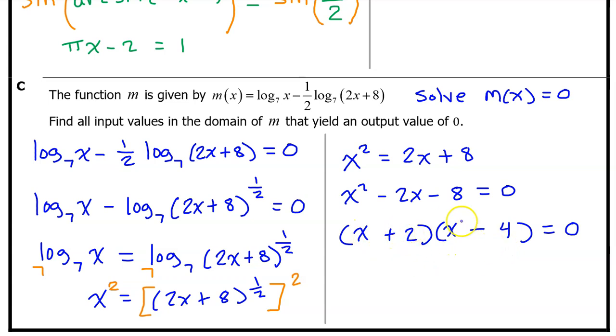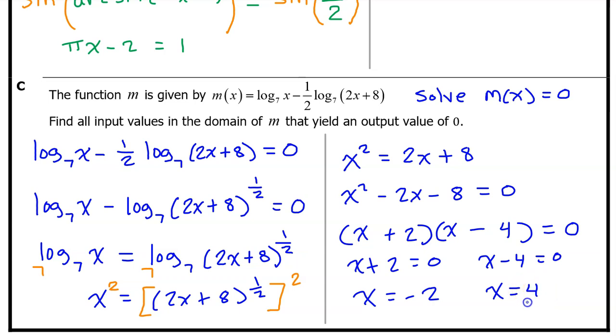Also, positive 2 times negative 4 does make negative 8. So we have factored correctly. Next, using the zero product property, we set each one of these factors equal to 0. So setting x plus 2 equal to 0 and x minus 4 equal to 0 gives us x is equal to negative 2 and x is equal to 4.